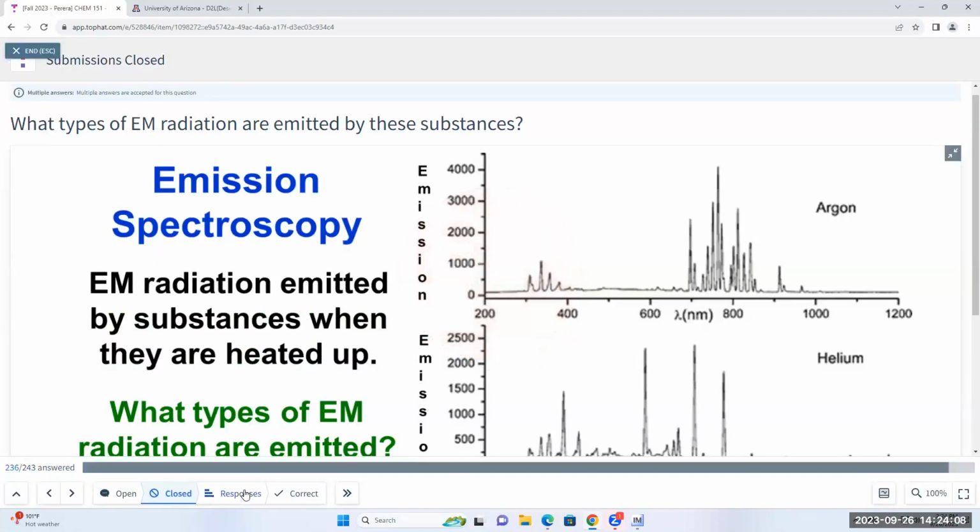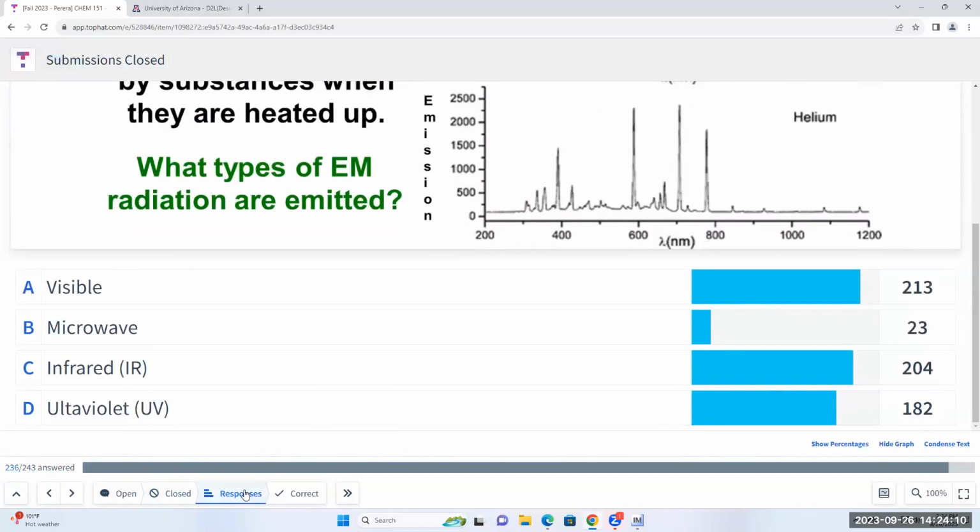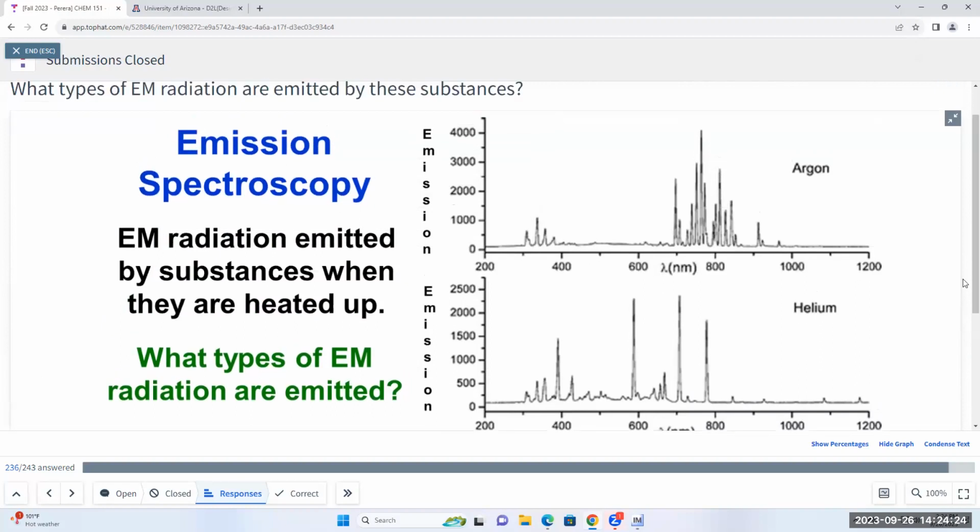All right. And here are our responses. This looks good. Now, for some reason, we do not have that many picking UV, but anyway, let's see what's going on here. When you're given a question like this, the first thing you should do is mark your rainbow, at least the red and the violet. So we know 400 nanometers is violet.